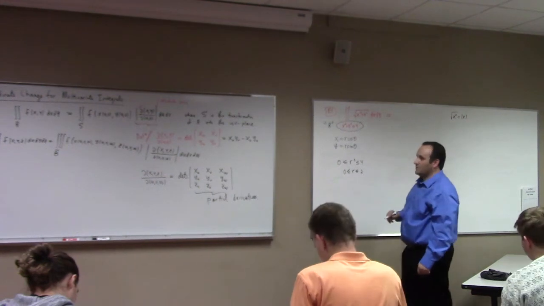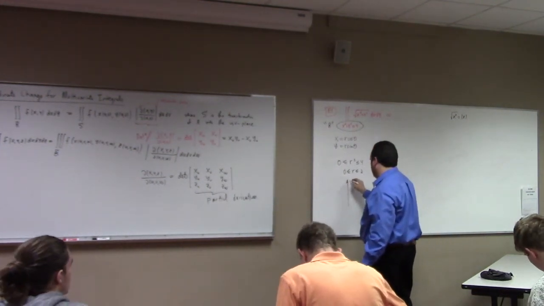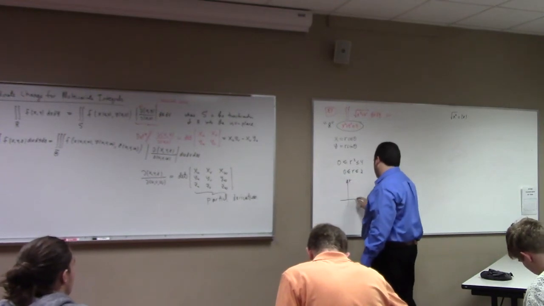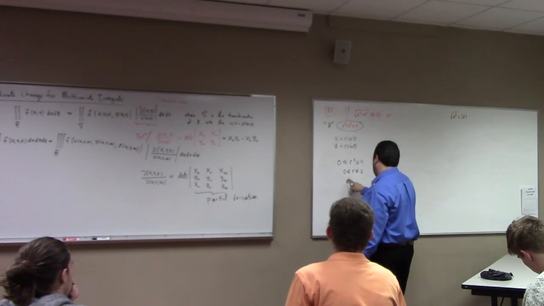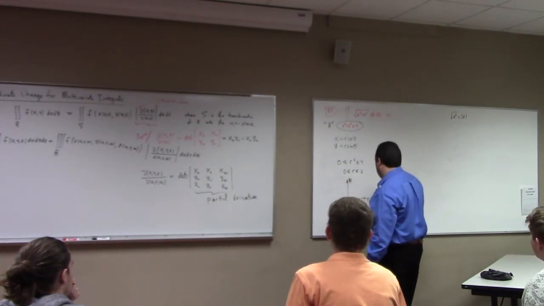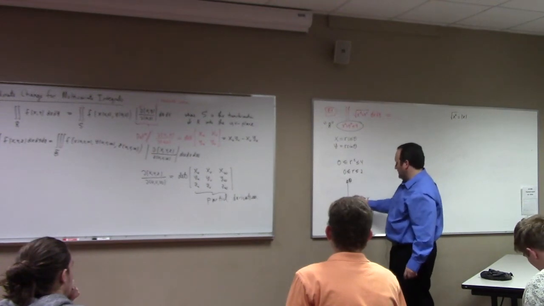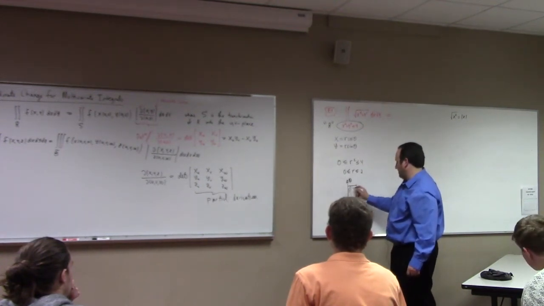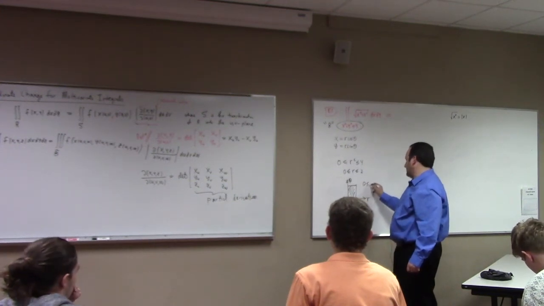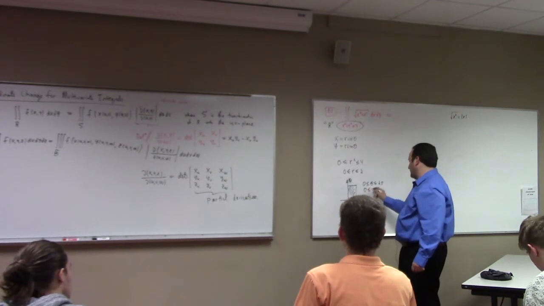In terms of the polar plane, if I make r go this way and theta go that way, basically it's a rectangle, because we have 0 less than or equal to theta less than or equal to 2 pi, and 0 less than or equal to r less than or equal to 2.